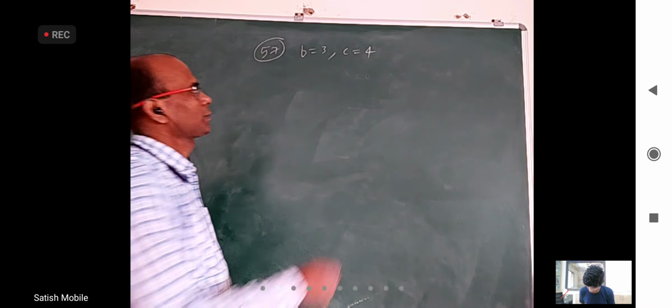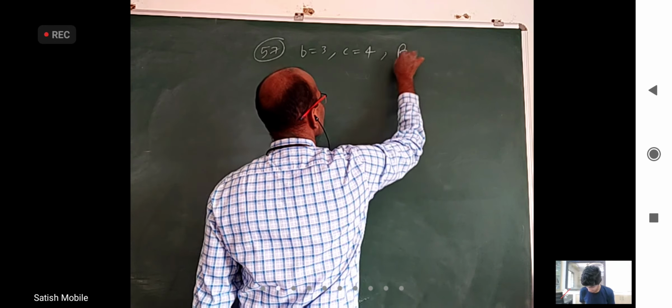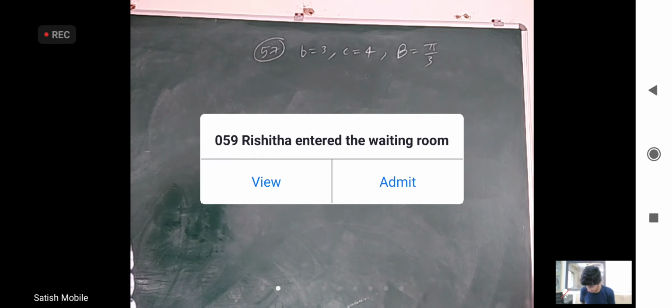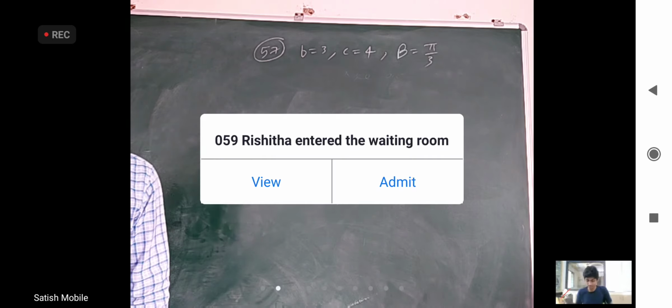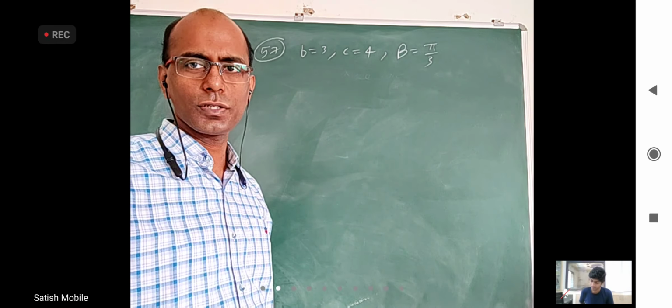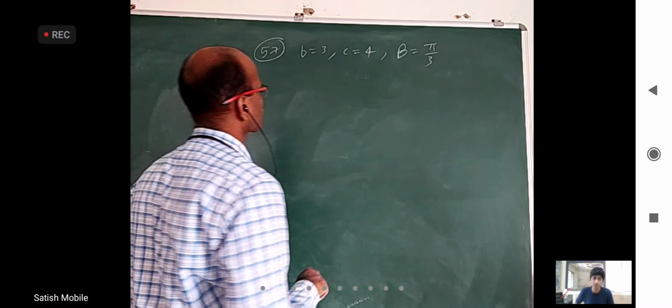3, 4 and 5 by 3. Number of triangles that can be constructed. This is exactly related to the theory that we discussed. Let us see geometrically first of all.